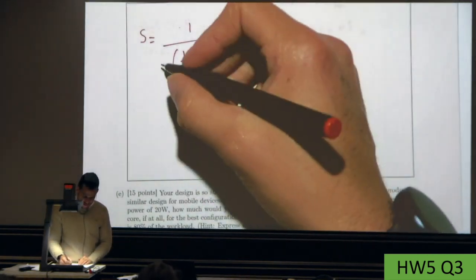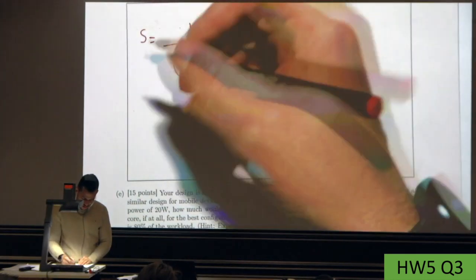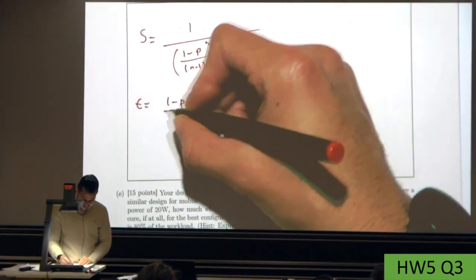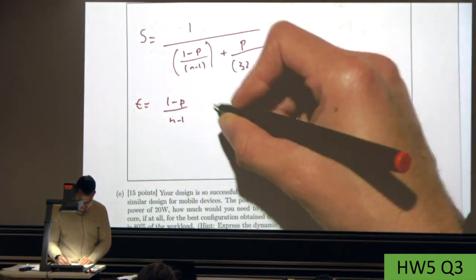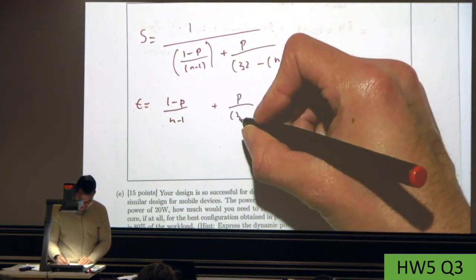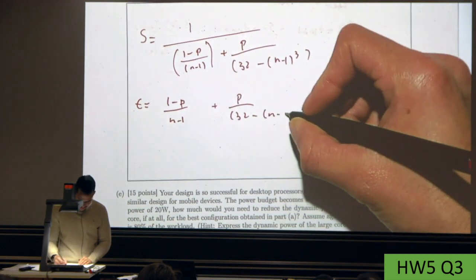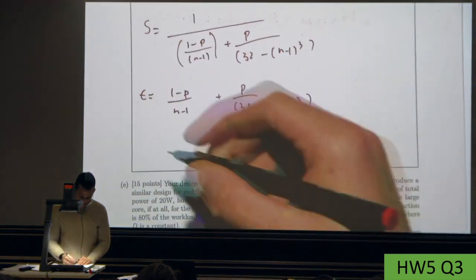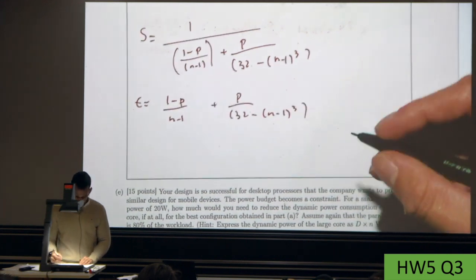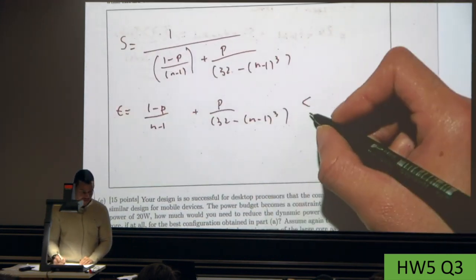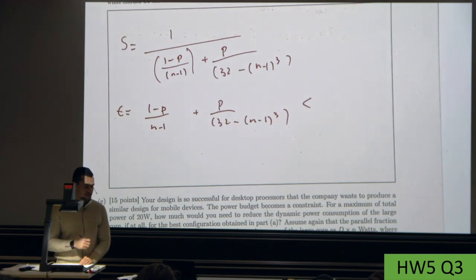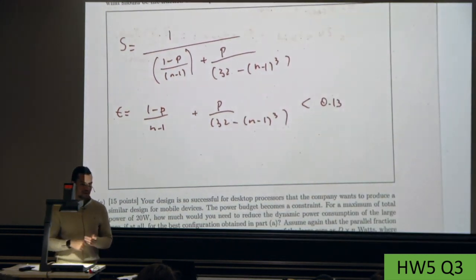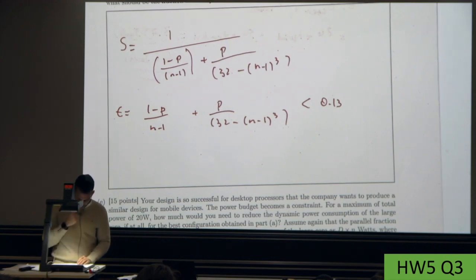So as before, the time is going to be given by (1 minus p)(n minus 1) plus p over (32 minus (n minus 1)^3). And you want this time to be smaller than the previous time, which was 0.13 from the calculation in part A.